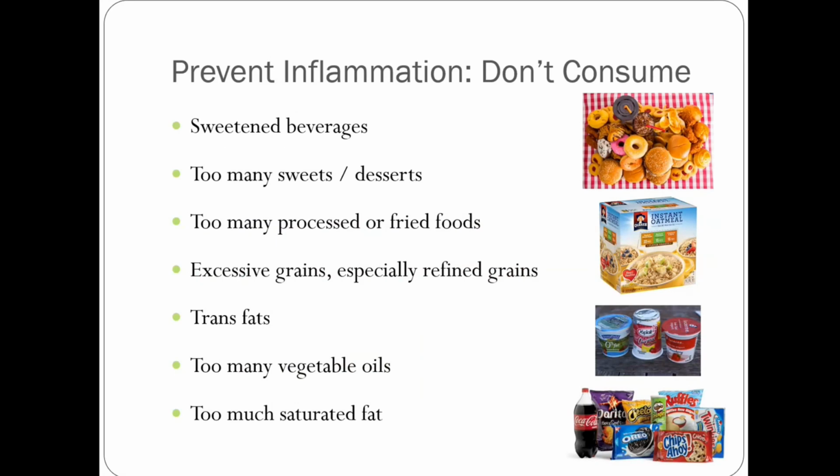So in order to prevent inflammation, we want to decrease, limit, or avoid consumption of sweetened beverages, too many sweets and desserts, too many processed foods, excessive refined grains or excessive carbohydrates, maybe too many processed vegetable oils, and saturated fats.